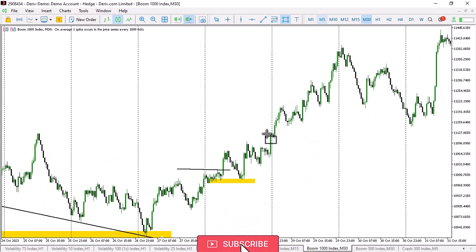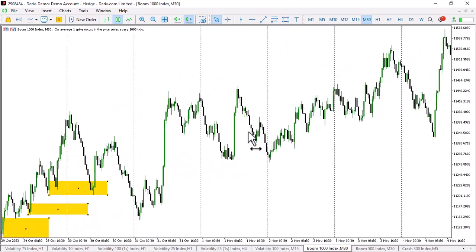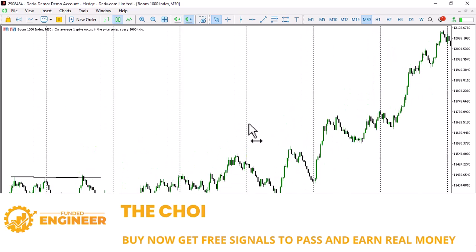As we go, price is just showing us what we can do, and we are marking our order blocks as we go and entering on those instances that price comes and retests. So this one is the best of the lot that you can see here. We have a break, we have a move that takes out this liquidity resting here, and price comes back and retests, and that's what you are doing, and you are going up like that.